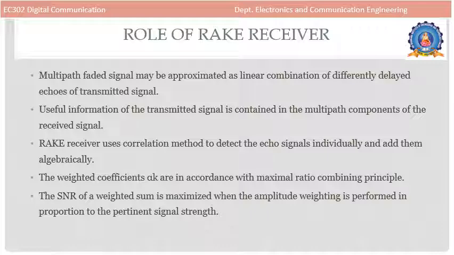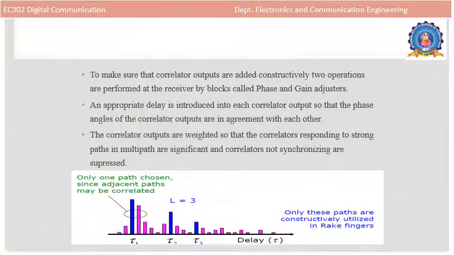So the SNR of the weighted sum is maximized when the amplitude weighting is performed in proportion to the signal strength. So here we multiply with the scaling factor and then sum. The overall SNR will be the summation of all the multipath component values, so the SNR will be maximized. That is why it is known as maximal ratio combining.